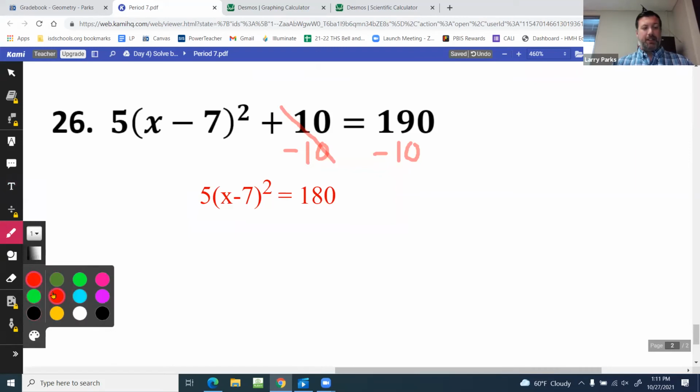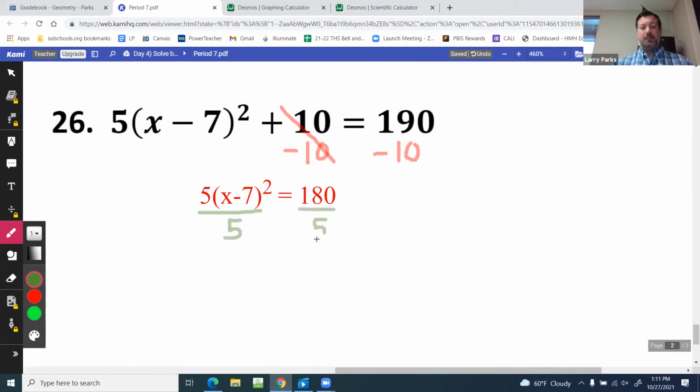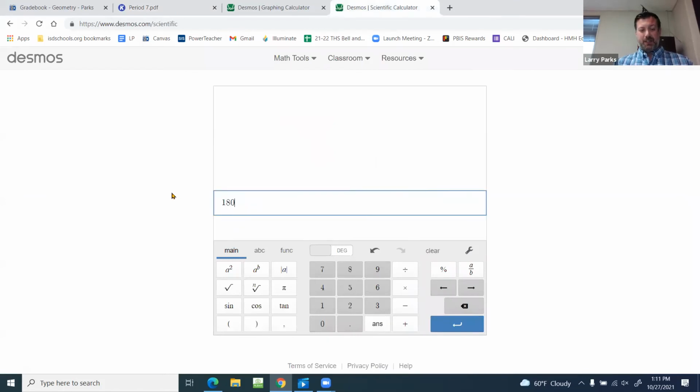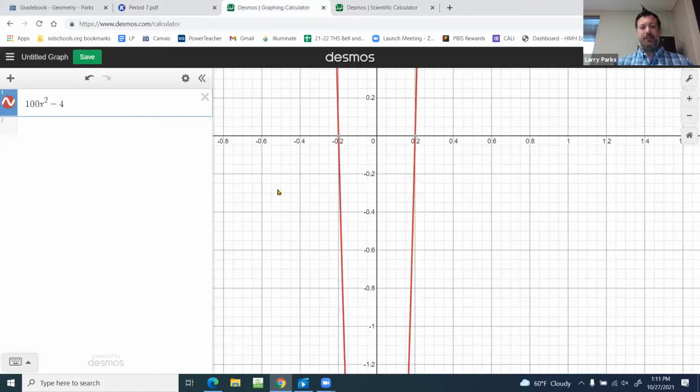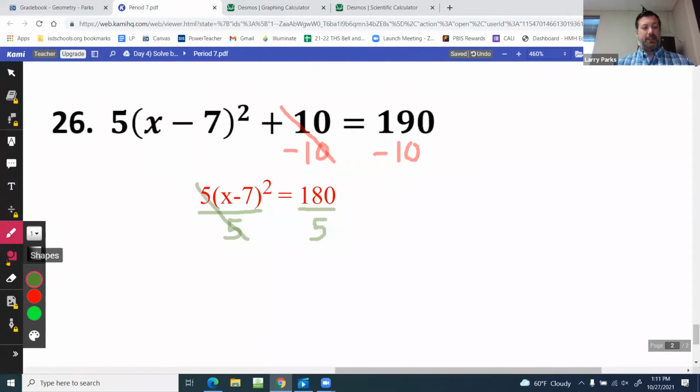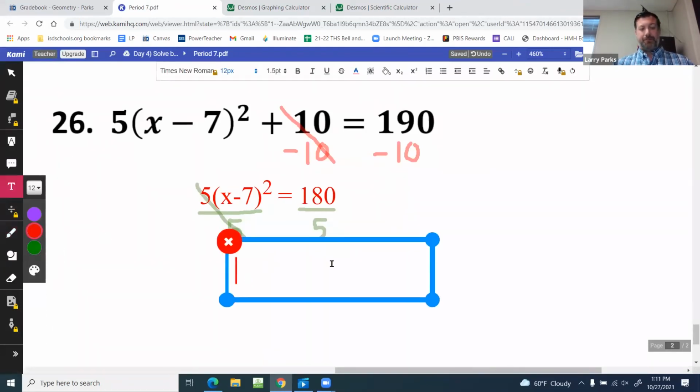Then I need to get rid of the 5, so I'm going to divide both sides by 5. The 5s divide out and make just 1. 180 divided by 5 is 36. Nice. So now I get (x minus 7) squared equals 36.